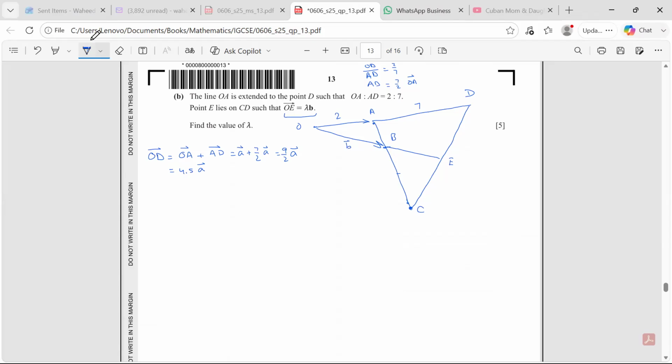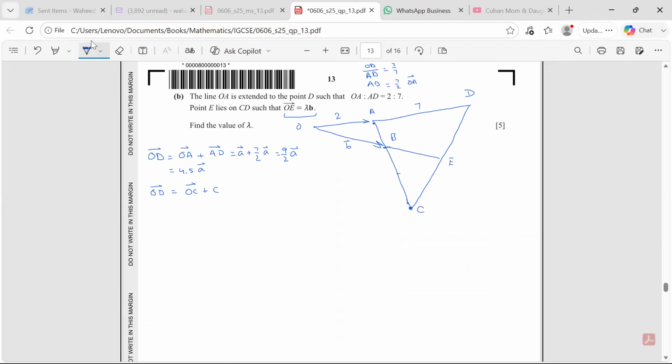Okay, now let's talk about the OC vector. Where is C? This is C, yes. Do you agree that the OD vector can also be written as OC plus CD?